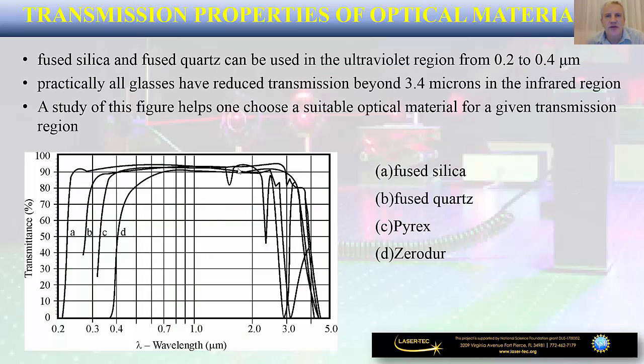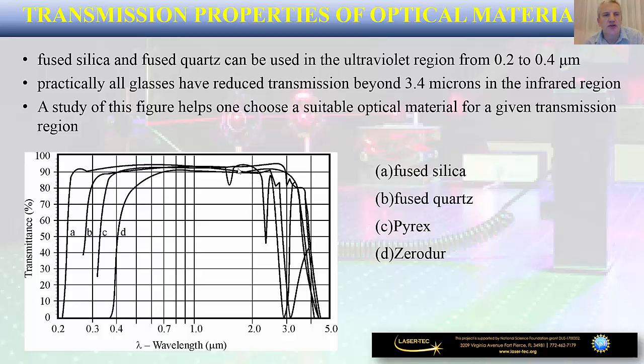Now that we established the parameter transmittance, let's shift our focus to the transmission properties of different optical materials used in the field of photonics. Let's look at fused silica and fused quartz first. These two materials are very popular and have been used for many types of optical components in the photonics lab, and they are used in the ultraviolet region from 0.2 to 0.4 micrometers.